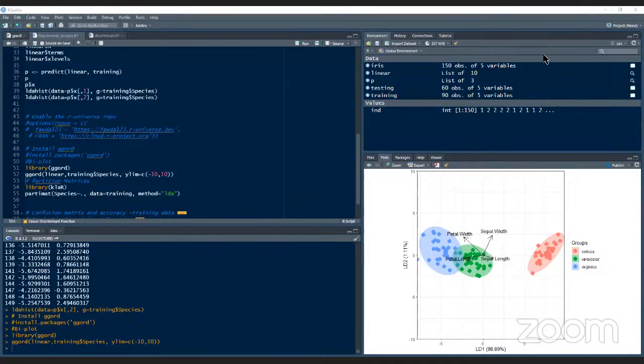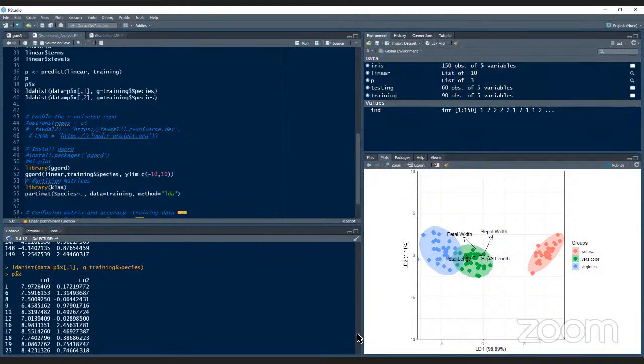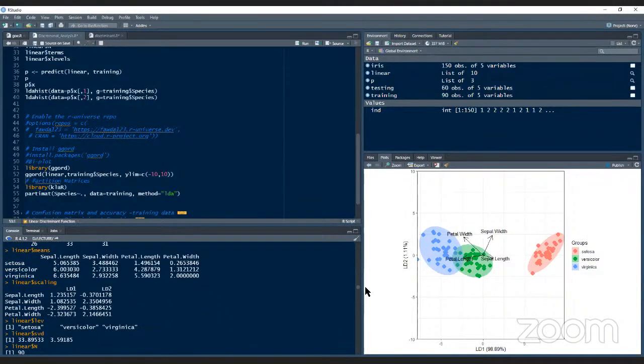So we can see on the x-axis there is LDA1, on the y-axis this is LDA2, and LDA1 is explaining 98.89% of variability, and LDA2 is explaining 1.11% of variability. Now here we can match sepal length 1.23.